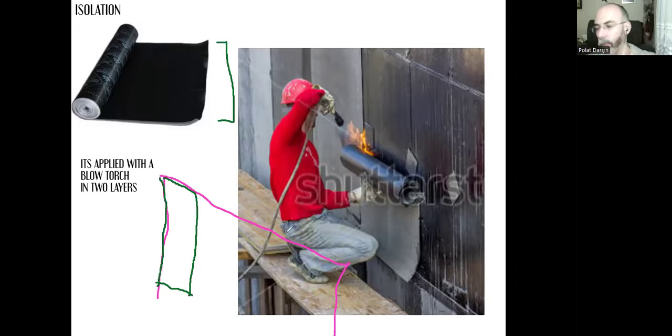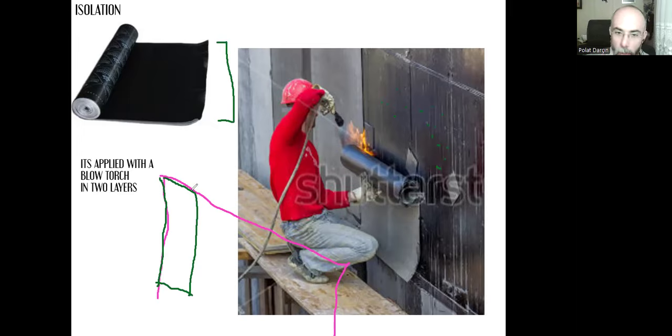As the blowtorch hits the surface of this bitumen, it melts the polyethylene film, and the upper surface of the bitumen melts a little bit, and there is a liquid bitumen on this side. It's applied with a brush so that they will melt and be glued to each other.